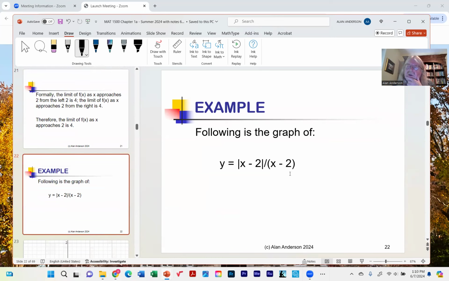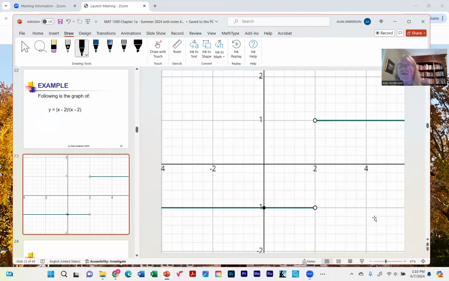All right, now here's a wacky one. The absolute value of x minus 2 over x minus 2. What's going to happen here? Aha. Now, I think we already know what's going to happen. You can see because of the way this is defined, there can't be a limit. This is -1 down here. This is +1.